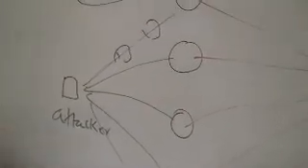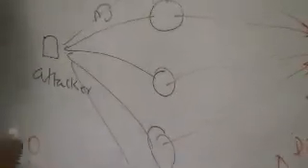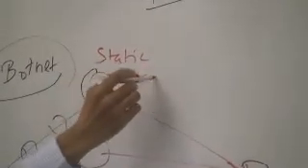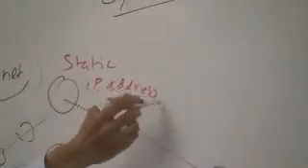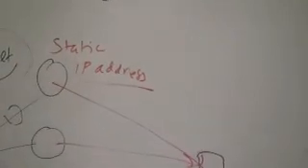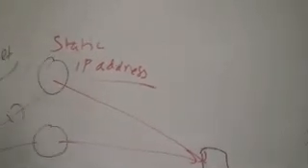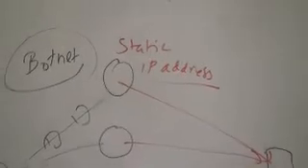But now there are very smart ways attackers are handling the zombies. In the early days, the zombies were programmed with a static IP address corresponding to the attacker's virtual machine. So once you capture some zombies, you can trace back and find out who's really controlling what, because that IP address remains the same.